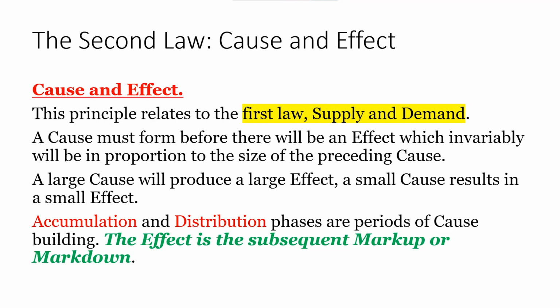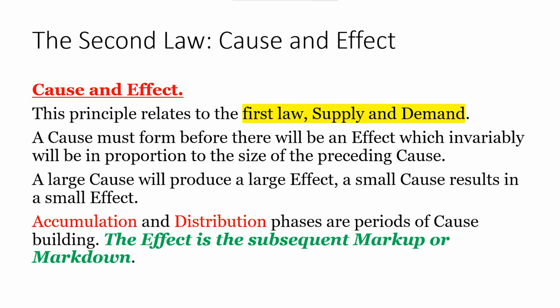Uptrends and downtrends do not just happen. They happen for a reason. And the reason that they happen is really embedded in the formation of a cause, a preparation phase. And so this is what we're really going to talk about today.